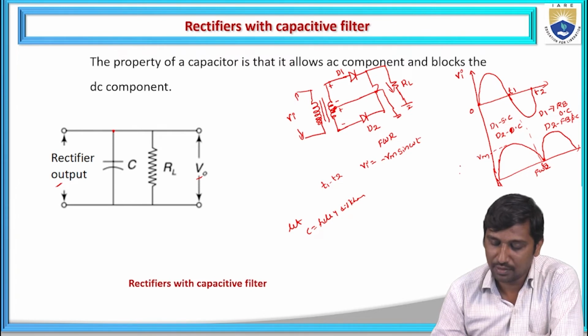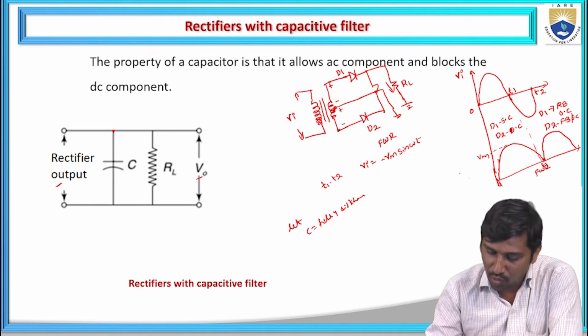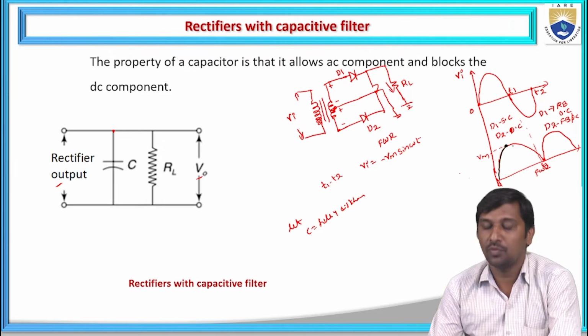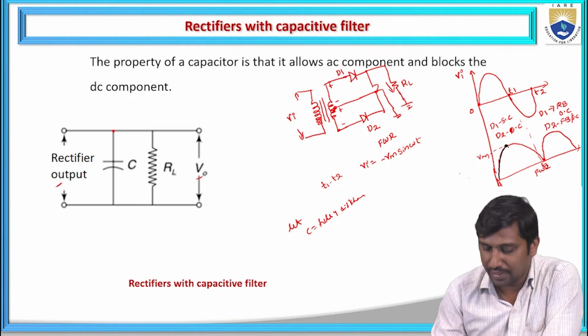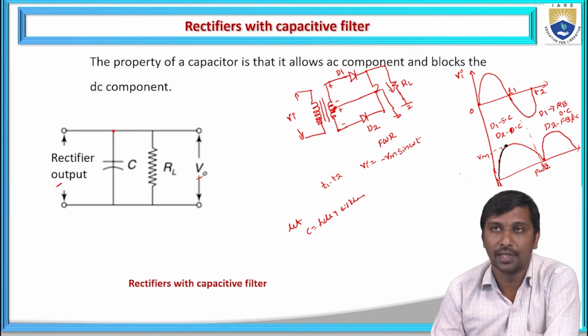Now let us assume that the capacitor is charging like this towards the maximum voltage. Whenever the input voltage reaches Vm, the capacitor is charged to the maximum voltage.